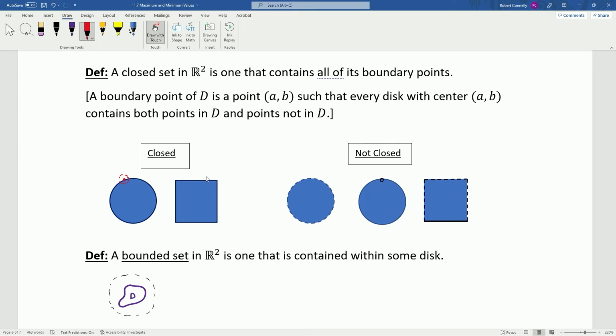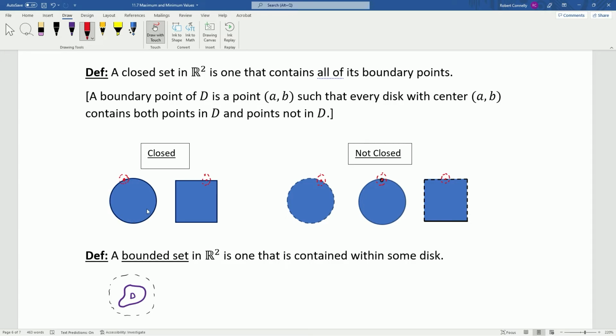So, each of these has boundary points. The question here is, does the set contain all of its boundary points?